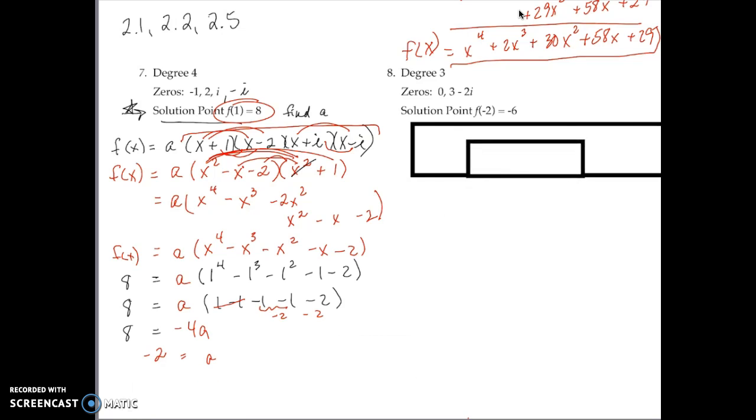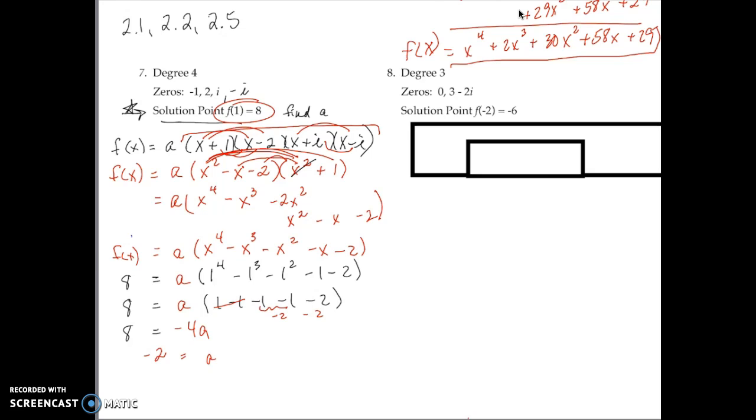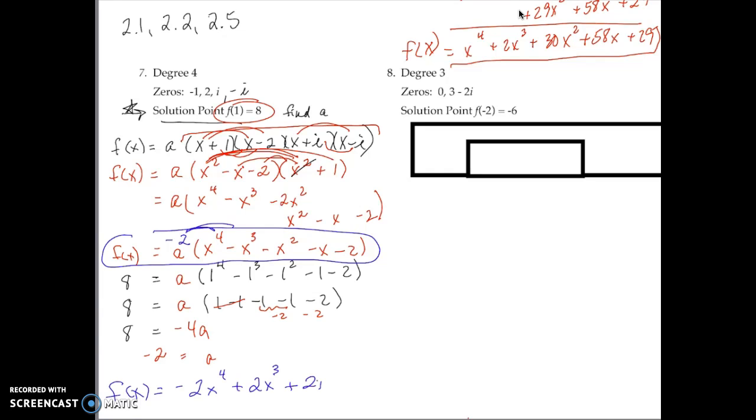So now to find my final polynomial, I will go back up to this function, insert negative 2 in the place of a, and then distribute. So my final polynomial is negative 2x to the 4th plus 2x cubed plus 2x squared plus 2x plus 4.